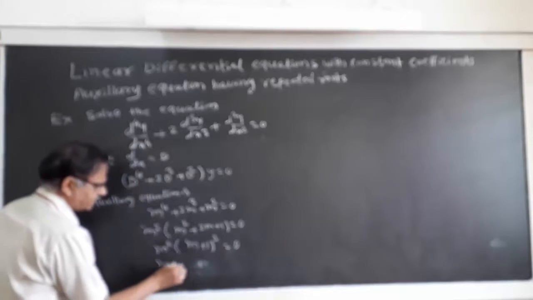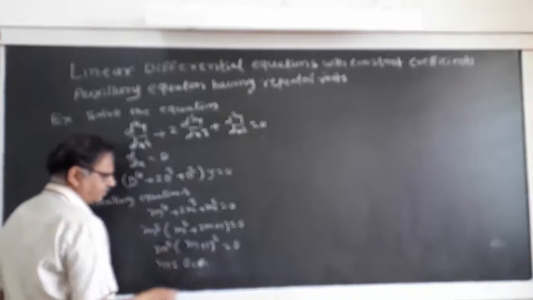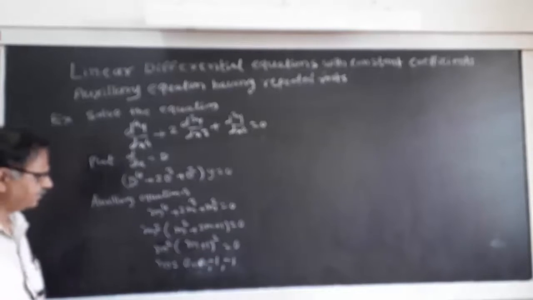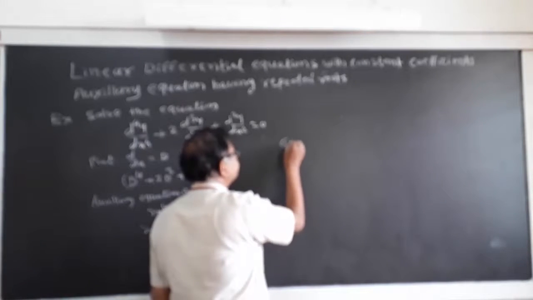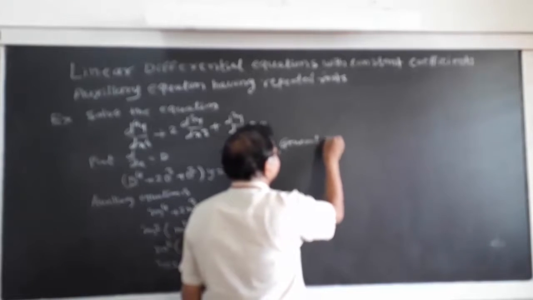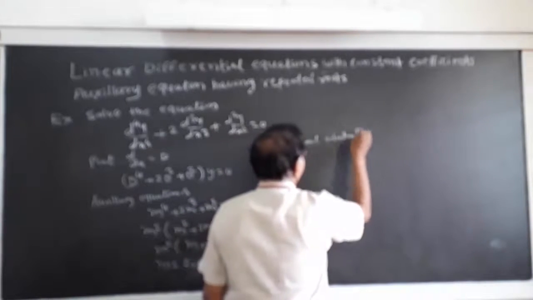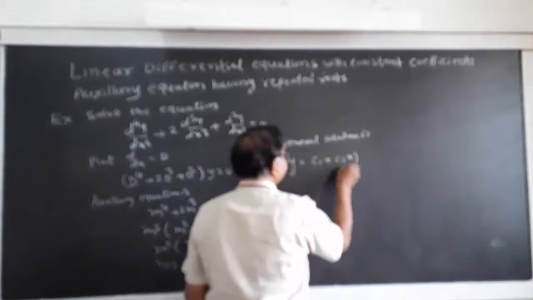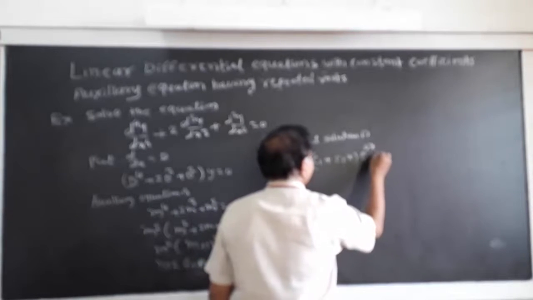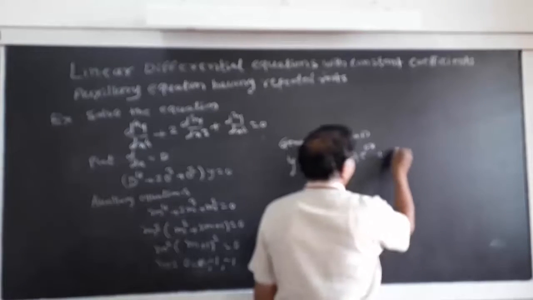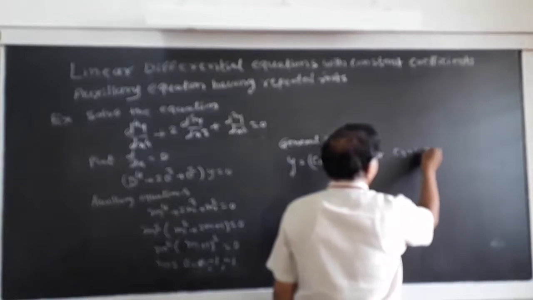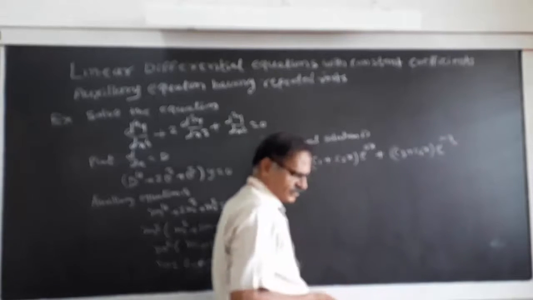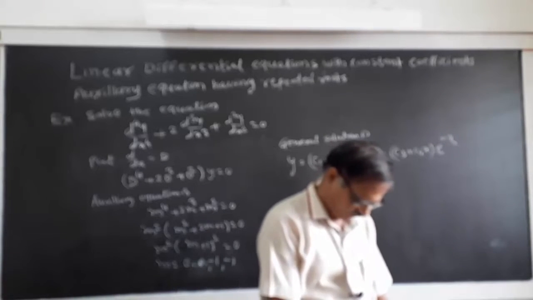Therefore, the roots of this equation are 0, 0 as m square equal to 0, and minus 1, minus 1 as (m plus 1) whole square equal to 0. Therefore, the general solution is y equal to (c1 plus c2x) e raised to 0x, as 0 is repeated 2 times, plus (c3 plus c4x) e raised to minus x. This is the general solution of the differential equation.